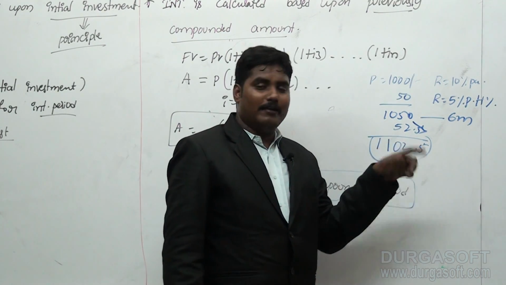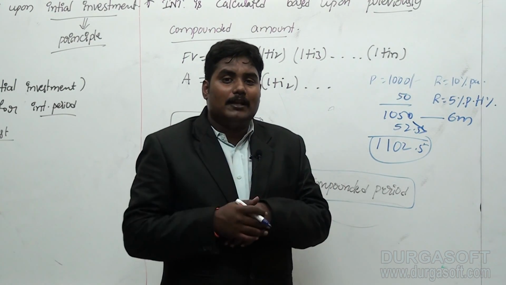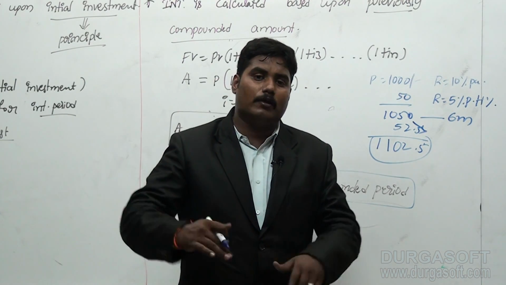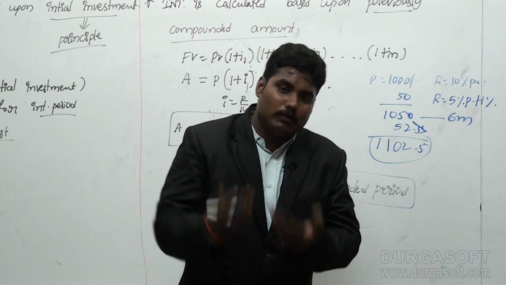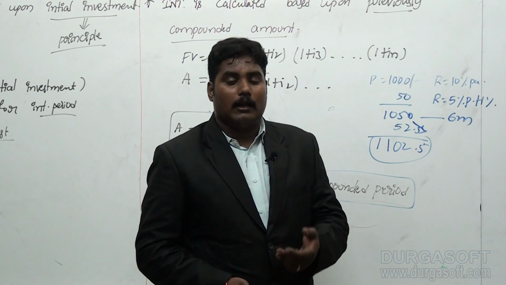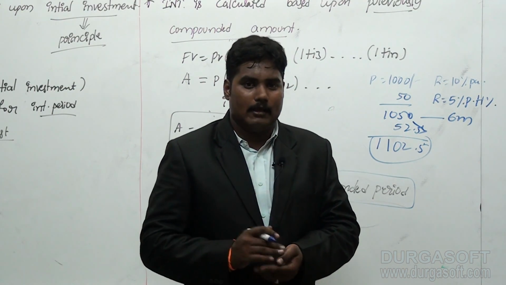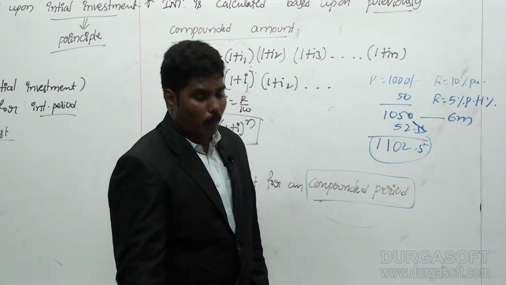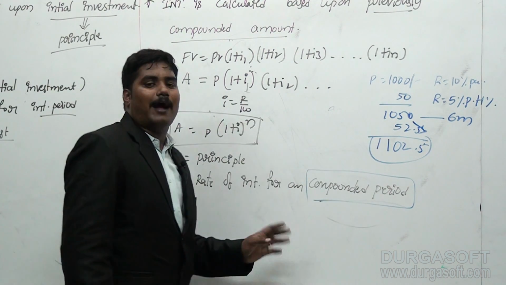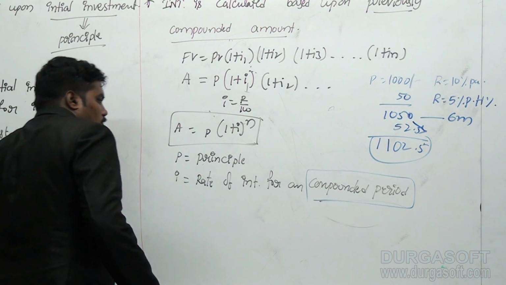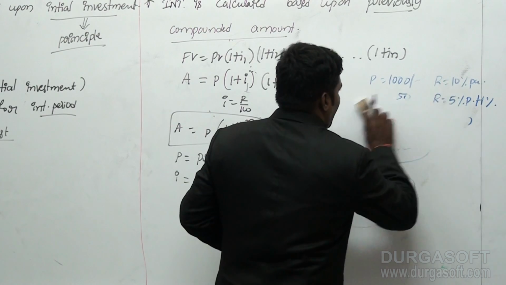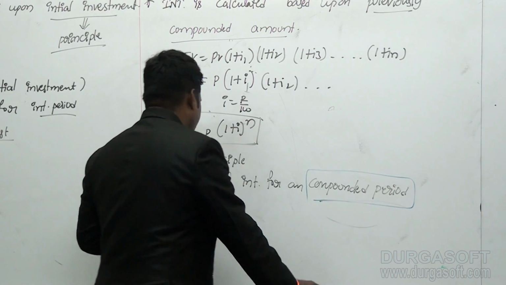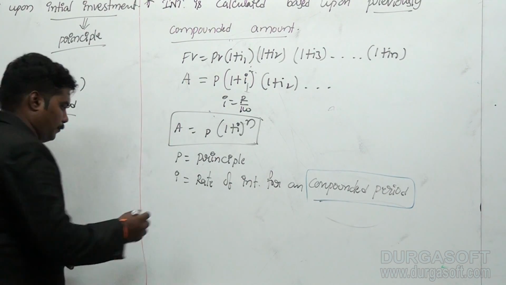Here 2.5 is extra. That means if the number of times compounded is more, the compounded amount is also more, when compared to direct compounding. That's why I am using the word compounded in rate of interest for an interest period.